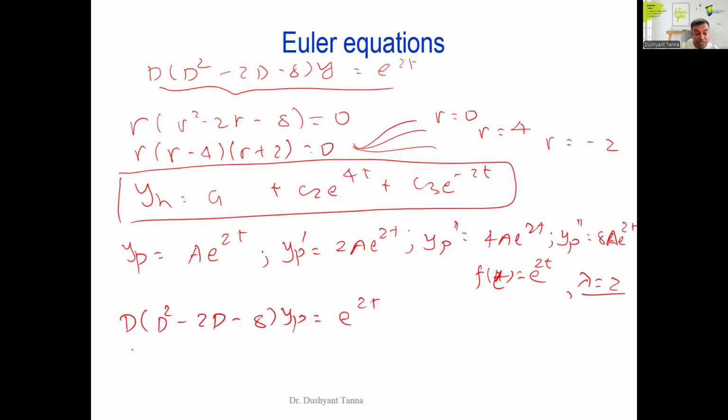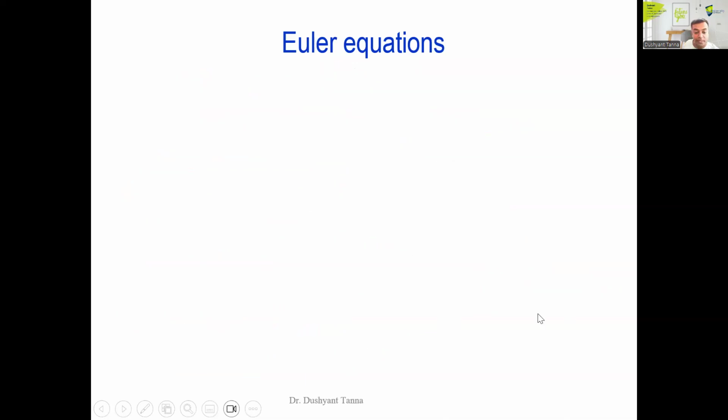If you want, you can merge everything. So D cubed y, minus 2D squared y, minus 8D yp, same thing, e raised to 2t. Now replace every place. We got all the values that we need. So D cubed, that is 8a e raised to 2t.